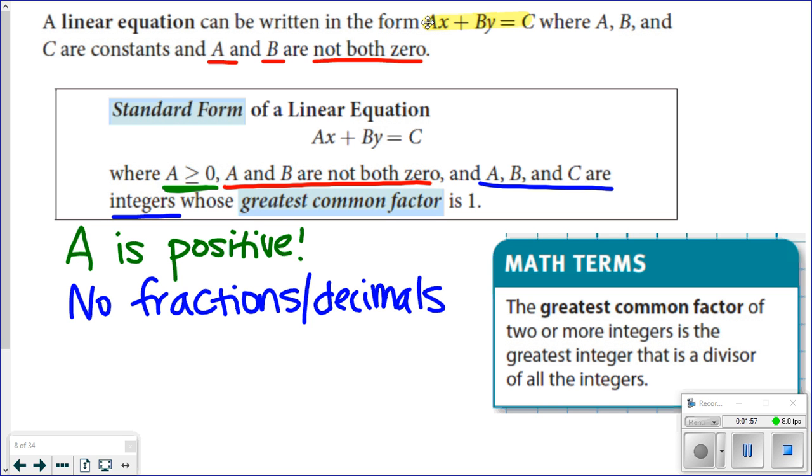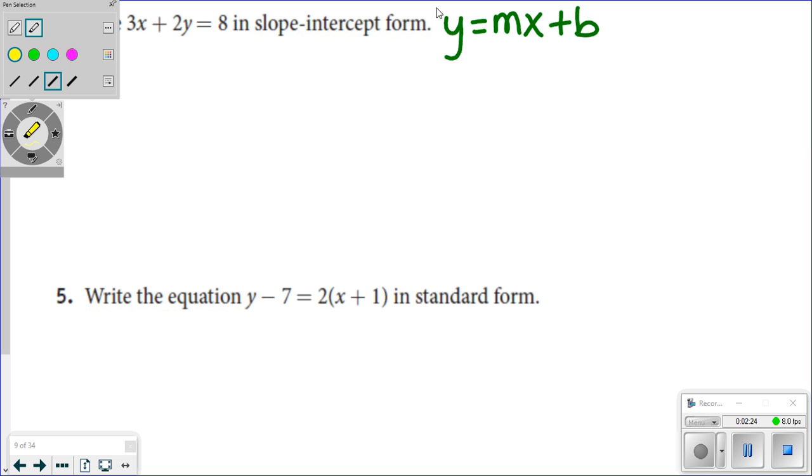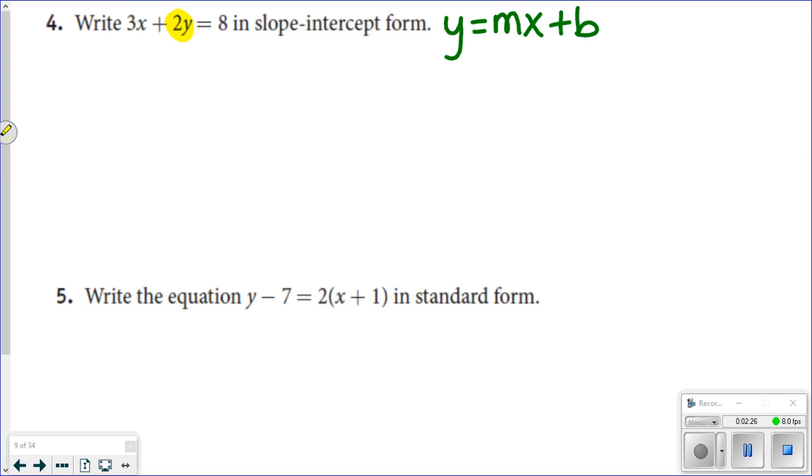All right, let's skip over to question 4. Currently, this is in standard form. Ax plus by equals c. A is our 3, b is 2, and c is 8. And we're going to take this equation and convert it to slope-intercept form, which is y equals mx plus b. So we want to get this 2y by itself.